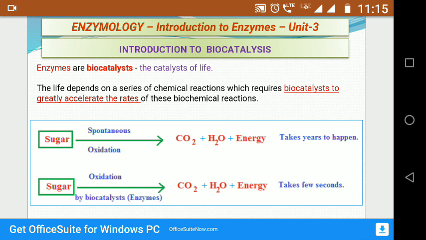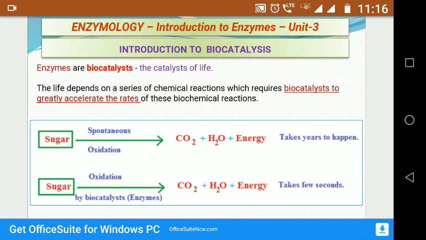In biochemistry, we are going to study two important things. The first thing is what are the different biomolecules present in a living system. So we will study carbohydrates, lipids, proteins, nucleic acids, vitamins, and all those things. We have already studied the biomolecules in the first year itself, and in the second year we are going to study the basics of metabolic processes.